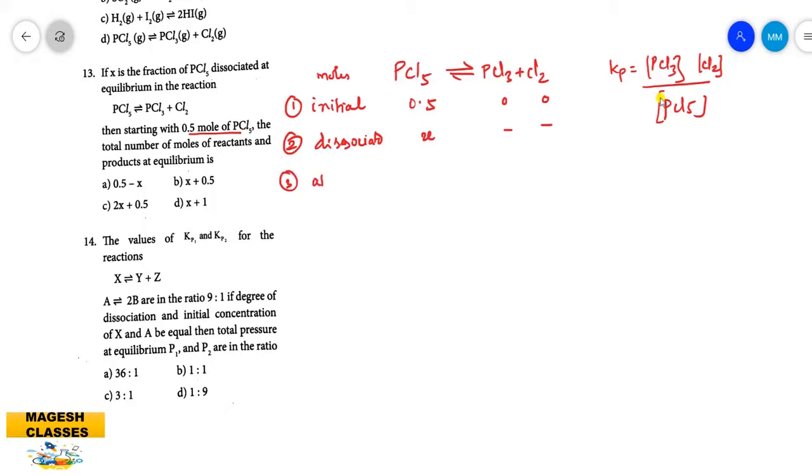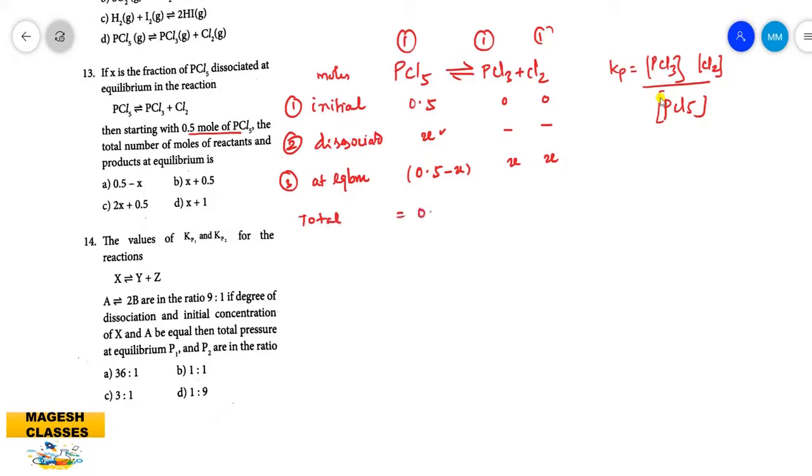The number of moles at equilibrium is equal to 0.5 minus x. Clear? Considering the stoichiometric equation, 1 mole of PCl5 dissociates to give 1 mole of PCl3 and 1 mole of chlorine. Here the number of moles dissociated is x. So x mole of PCl3 and x mole of chlorine are obtained.